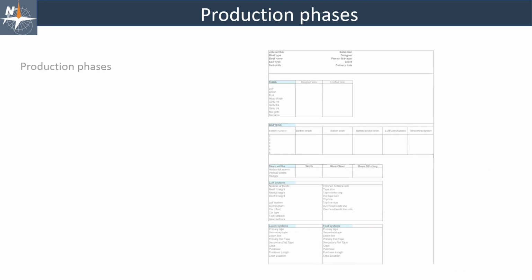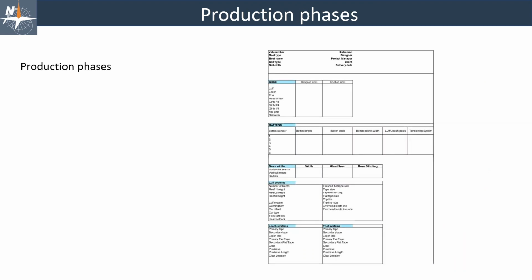sailmaker. At this point, it was time to start looking at the proper sailmaking, and we started off by talking about all the phases of sail manufacturing. So it all starts with a production card where the details and finishing details are listed, and this is the primary document to follow during the sail production.